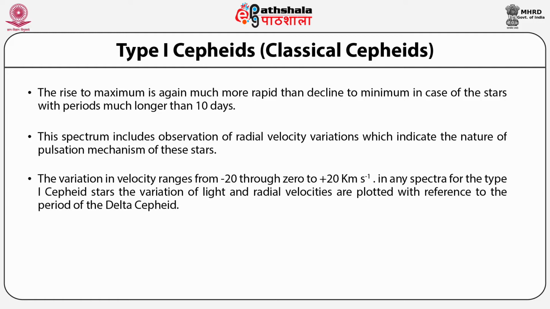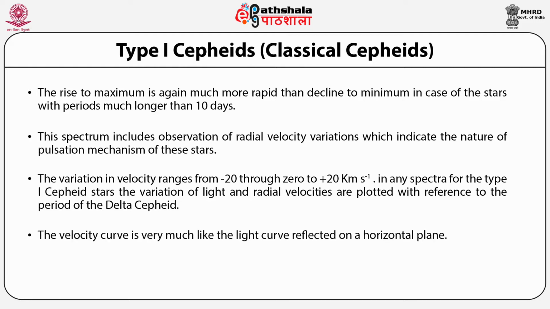In any spectra for the type first Cepheid stars, the variation of light and radial velocities are plotted with reference to the period of Delta Cepheid. Conventionally, the velocity of approach is considered a negative radial velocity, whereas positive velocities are attributed to the receding variables.